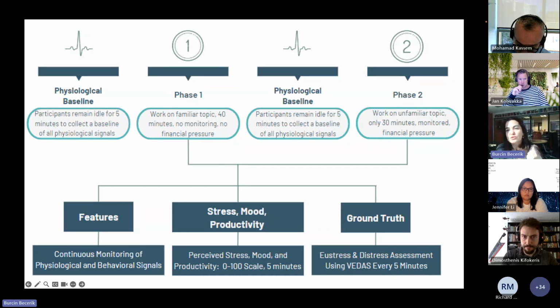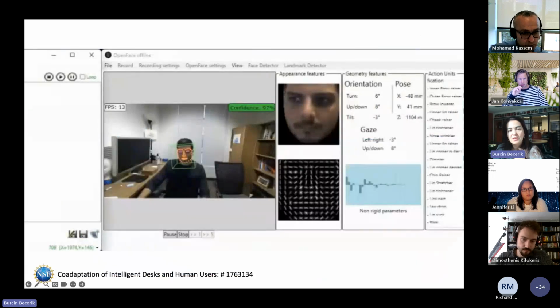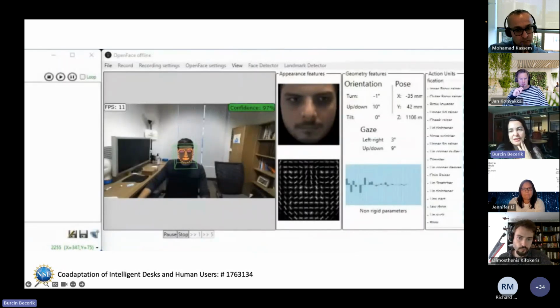We use physiological and behavioral data and develop machine learning algorithms. We processed data from wearable devices, as well as, as you can see, use computer vision algorithms to analyze facial expressions. One quick observation, unfortunately, I don't have time to dive into the details, was differences between female participants and male participants.